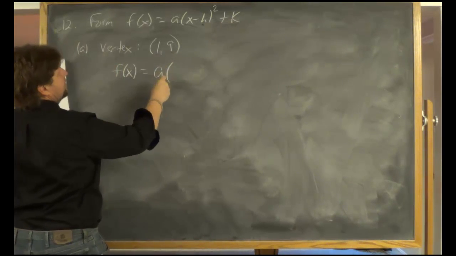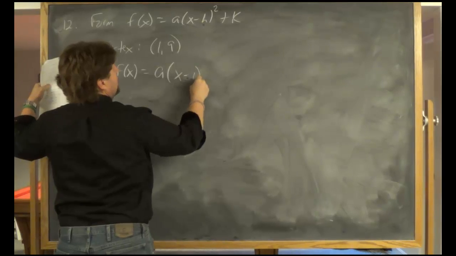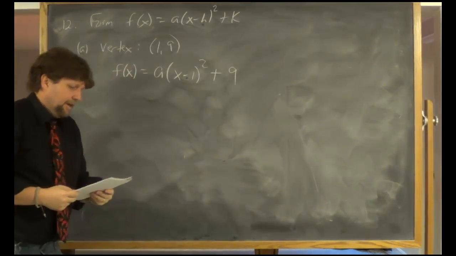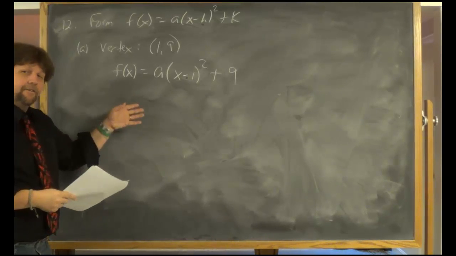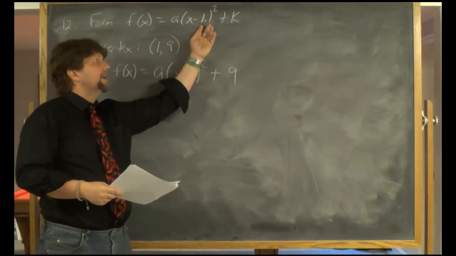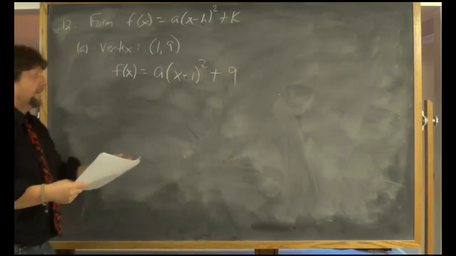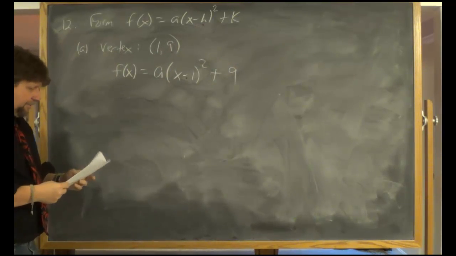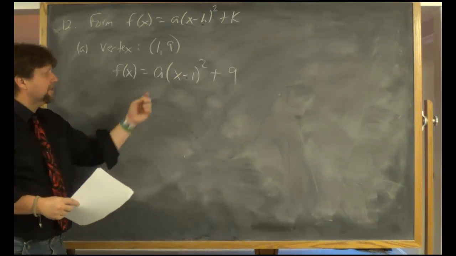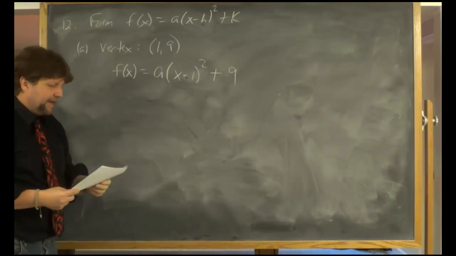So it's a times the quantity x minus 1 squared plus 9. That's it for part A. Just substituting the h and the k in here.